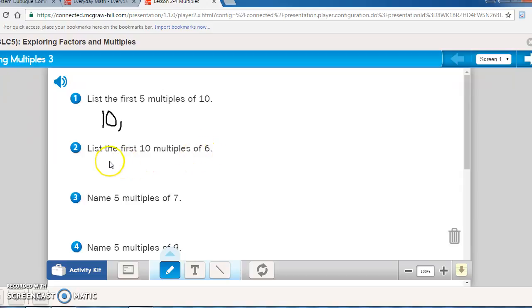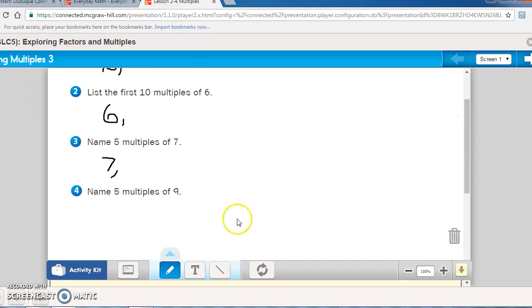My first answer, 1 times 6, is 6. Name 5 multiples of 7. Well, it's always easiest just to start with the number 7. 1 times 7 is 7. And name 5 multiples of the number 9. 1 times 9 is 9.